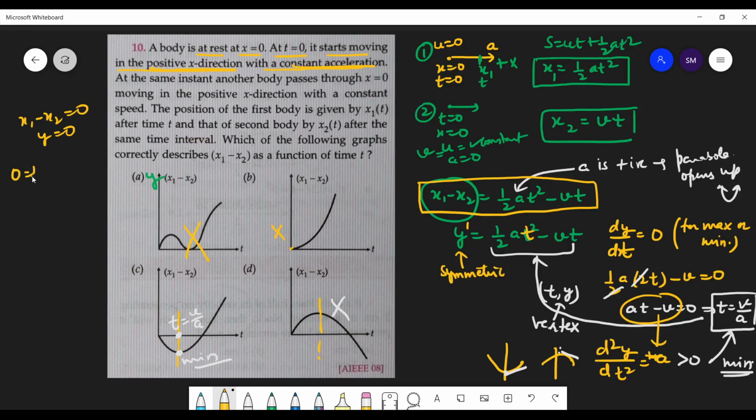So 0 is equals to 1 by 2 at square minus vt. So that's half at square is equals to vt. So t will cancel out. What do you get the value of t? Yes? 2v by a, 2v by a.